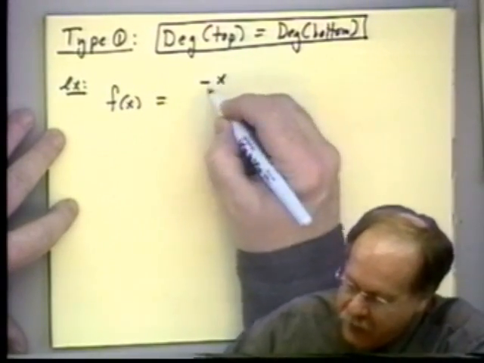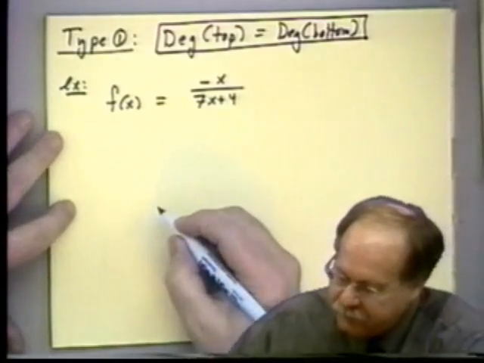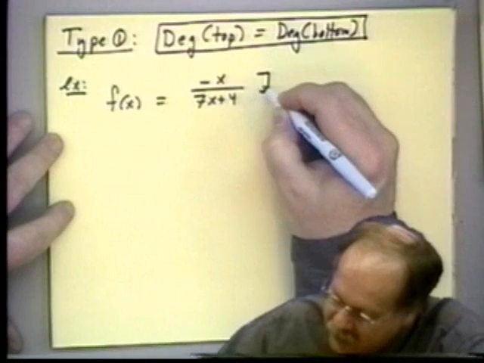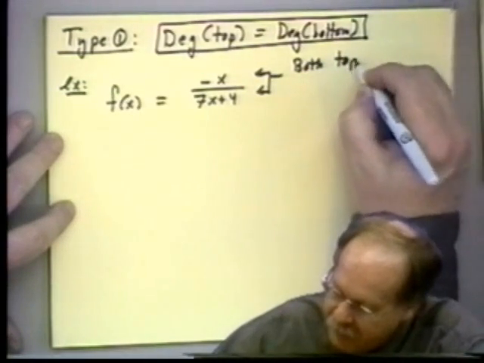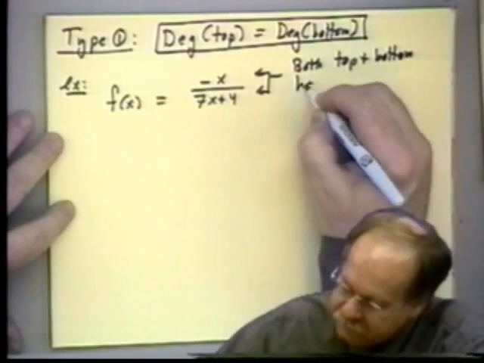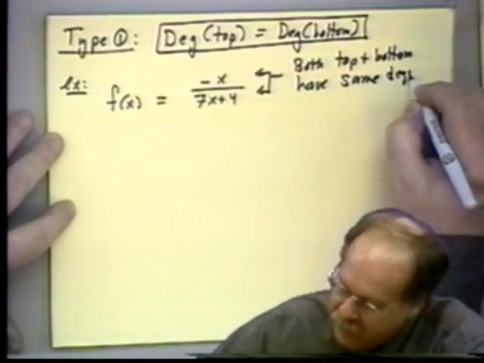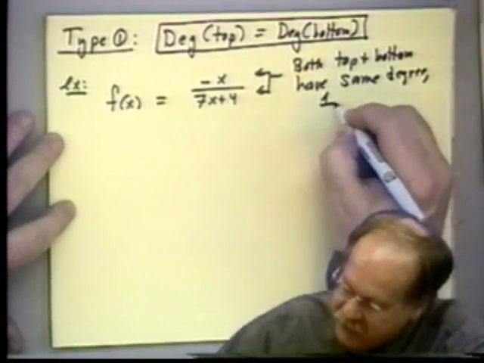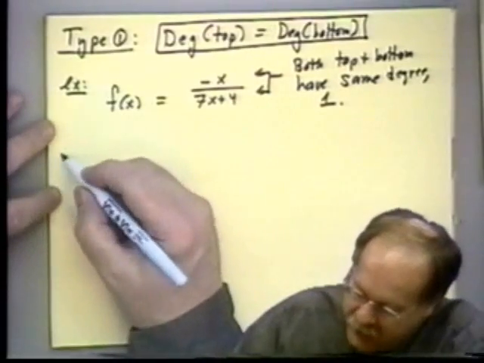f of x equals the following function: minus x over 7x plus 4. Now, notice that both top and bottom have the same degree. And in this case, that degree is 1. They're both linear. All right.